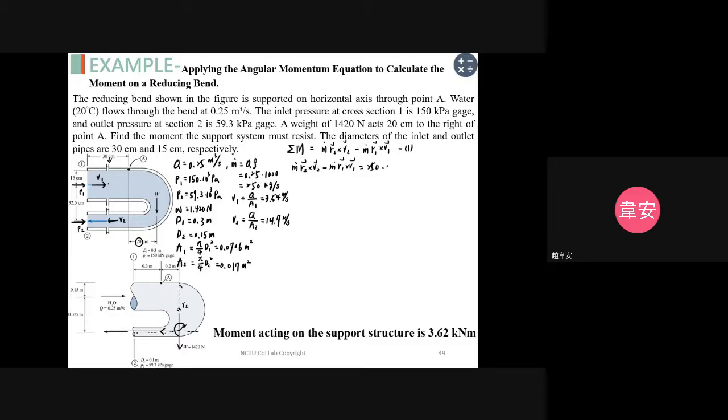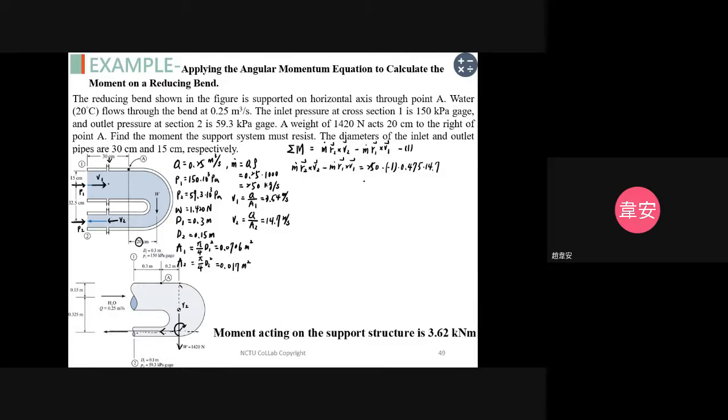So there is minus 1 multiplied by R2, which is 0.475, and V2 is 14.7. This is the angular momentum for the outflow side.